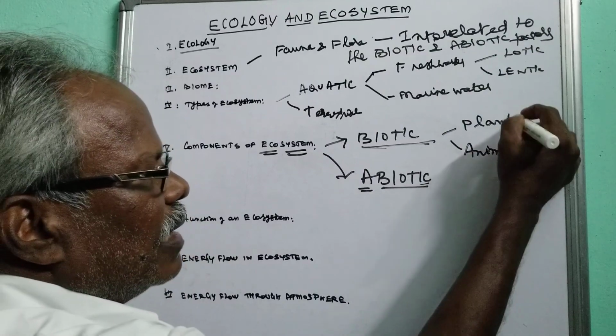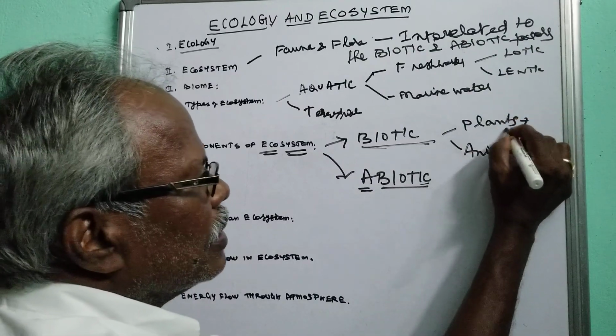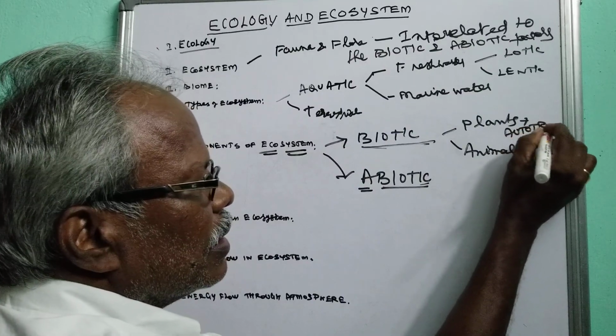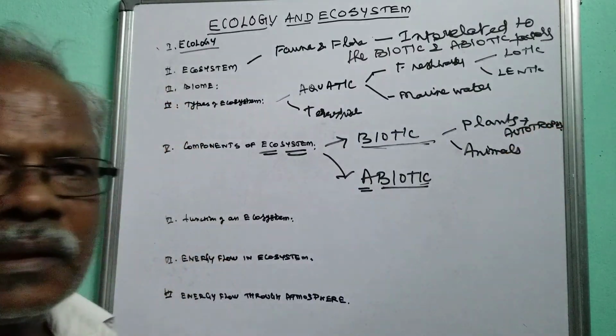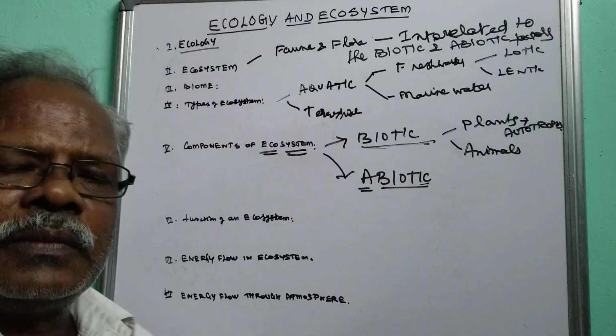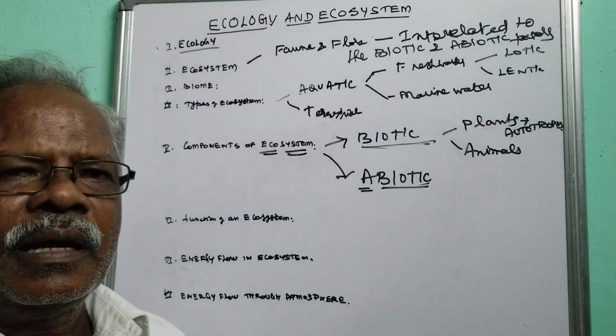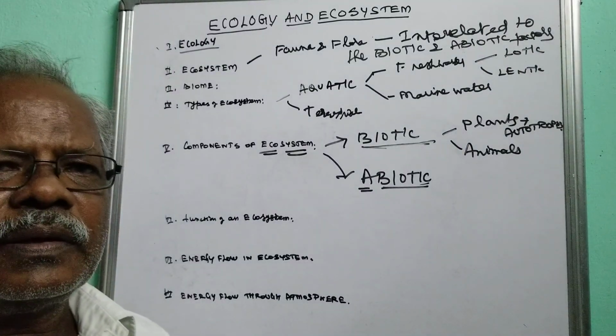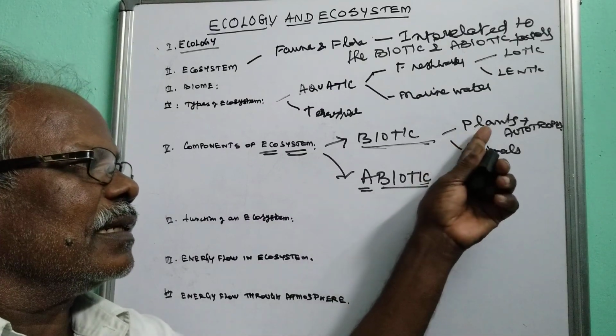The plants are called autotrophs, because the plants can produce the required food for their development.